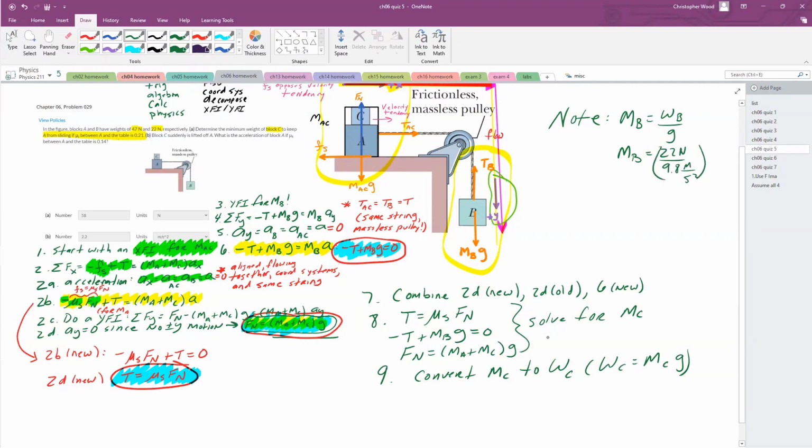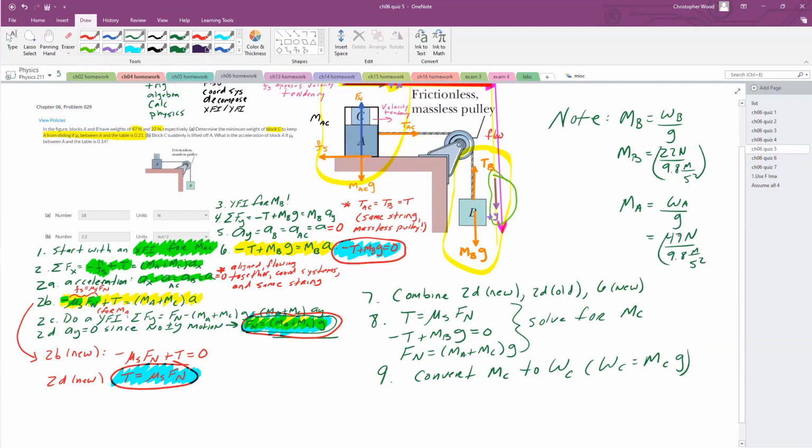So this is mass B. Same thing for mass A. Mass A equals weight of object A over G, which means for me, the weight of object A is 47 newtons all over 9.8 meters per second squared.